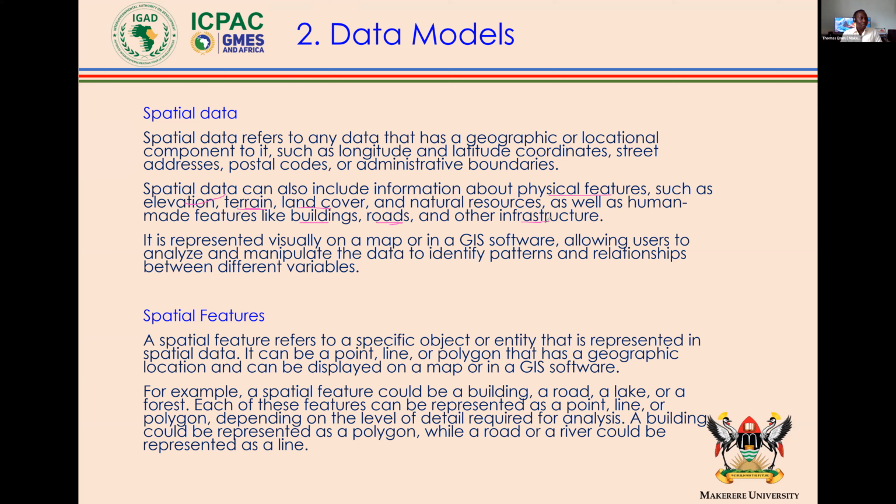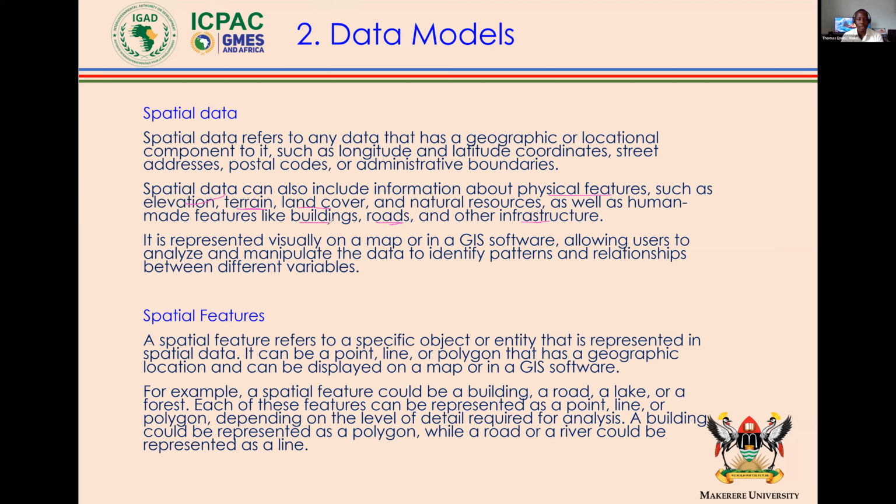So for example, somebody mentioned that Kampala Road, that is already a spatial data because it has some bit of descriptive location information, but also it has coordinate information attached to it in terms of either the latitude and the longitudes, or using the eastings and the northings in other cases.